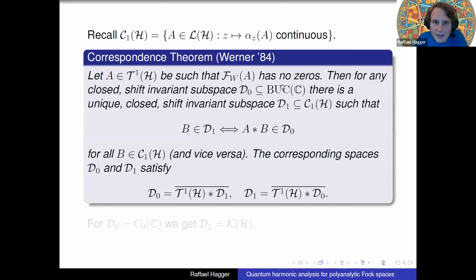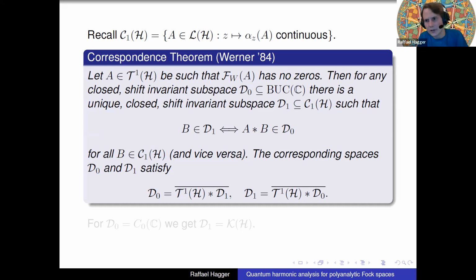Then it says that for any closed shift invariant subspace of the bounded uniformly continuous functions, there is a unique closed shift invariant subspace of this replacement of the bounded uniformly continuous functions. I put it again up here. As I said before, this is the operator version of BUC. And this space satisfies that an arbitrary operator in C1 is in D1 if and only if the convolution with the operator you started with at the top here is in D0, and also the other way around.